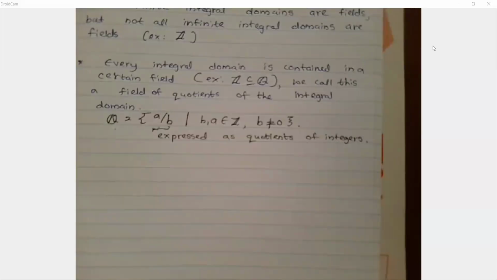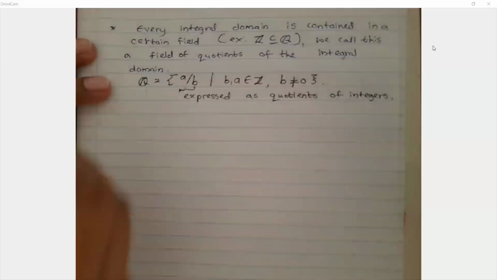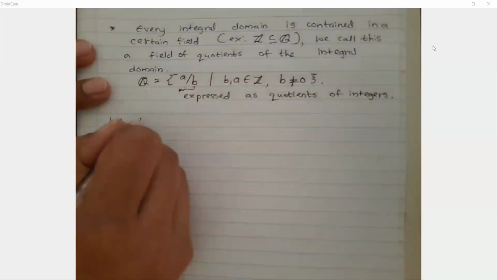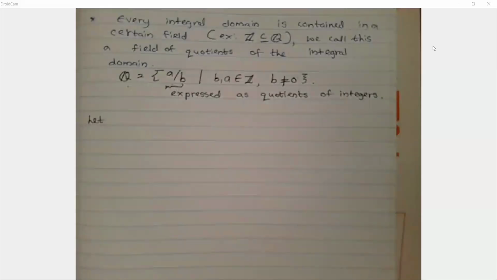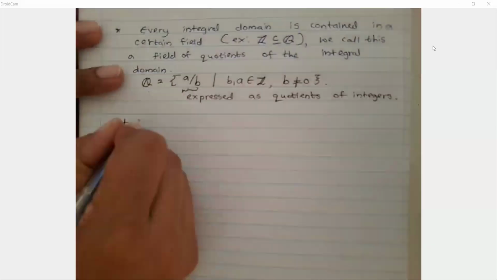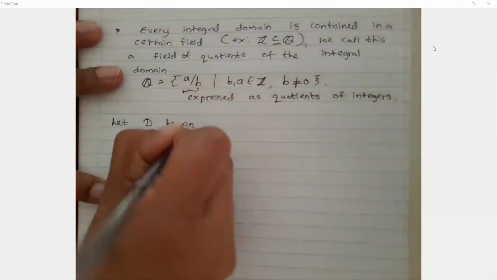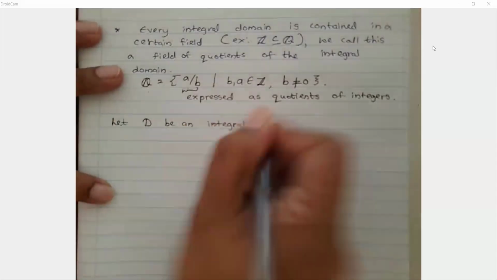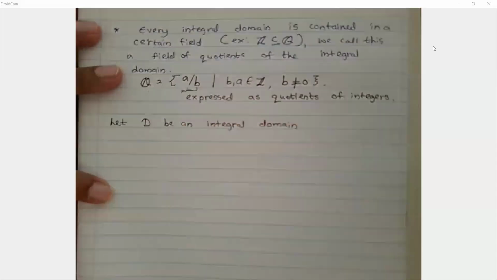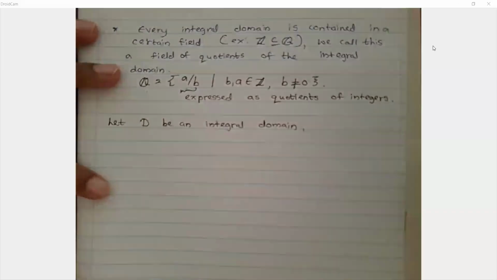Now, how to do the construction, we consider an arbitrary integral domain D. And for this particular D, we will construct a field of quotients F containing D. Let D be an integral domain which will extend to a field of quotients F.